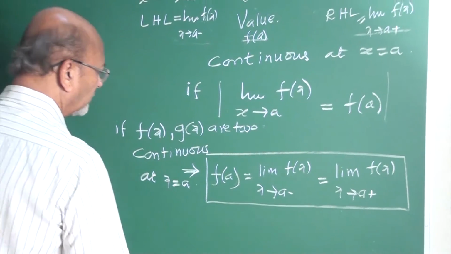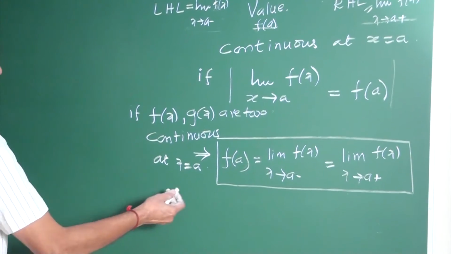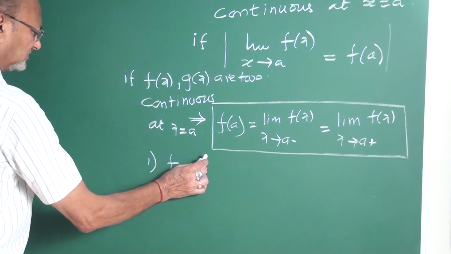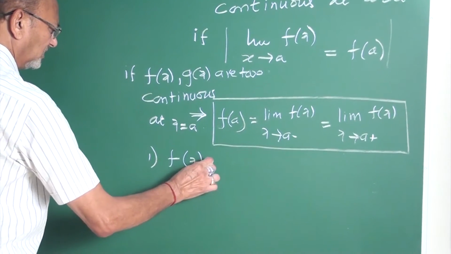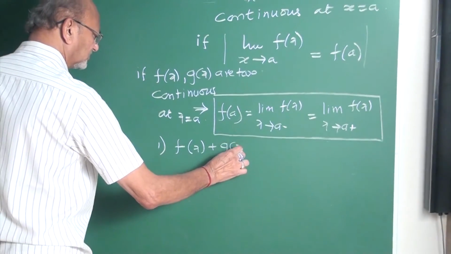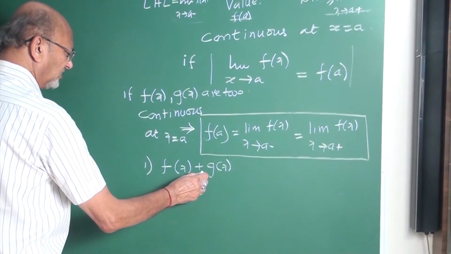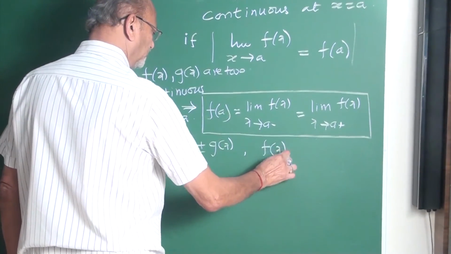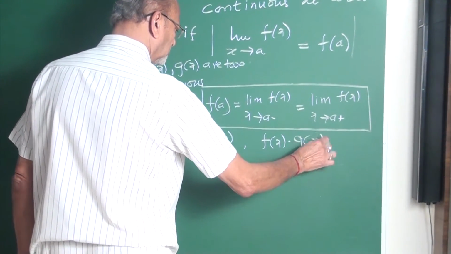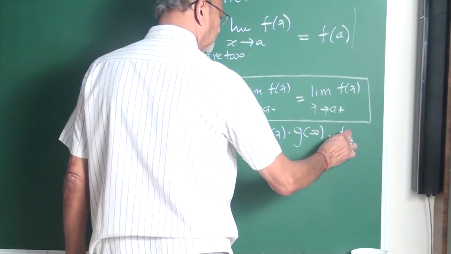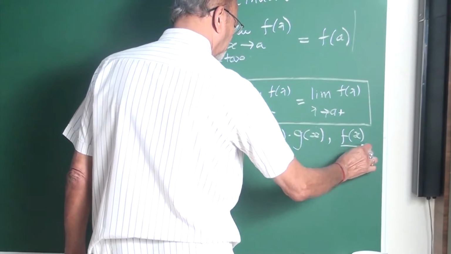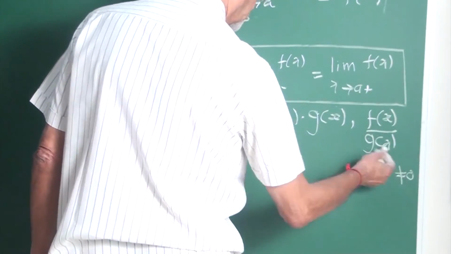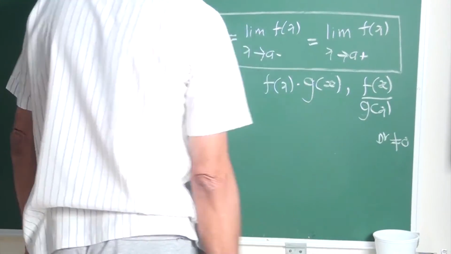then their sum f(x) plus g(x), their difference f(x) minus g(x), their product f(x) into g(x), and their division f(x) upon g(x), where g(a) is not equal to 0, the denominator is not equal to 0.